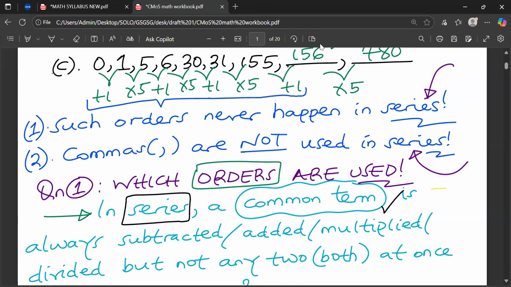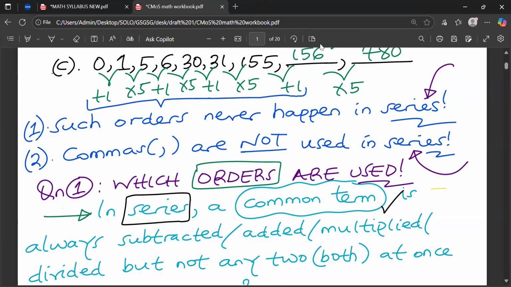If you're multiplying and you've agreed we are multiplying by 10, let it be 10 and let it be multiplication. If you've decided that we are dividing by 5, let it be dividing throughout, let it be 5, let it be division. That's why they call it a series. A series doesn't have anything like we are adding, again subtracting, again never.